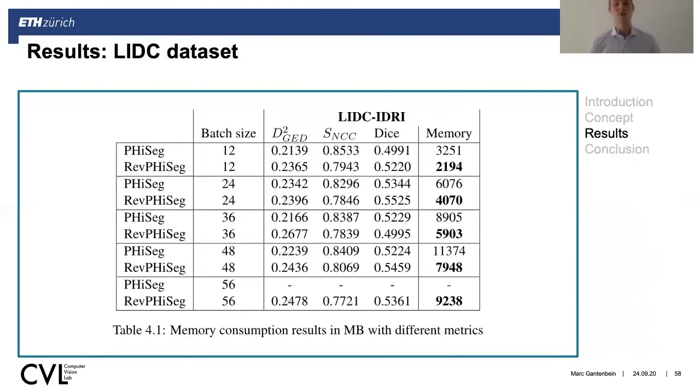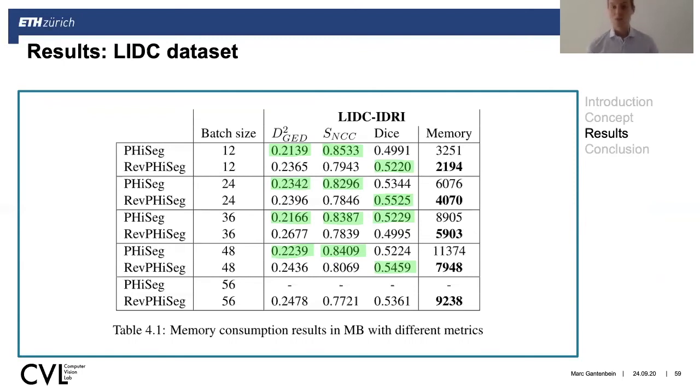The results we obtained are the following. Here we have the results for the LIDC dataset with different batch sizes. As you can see, the original PHiSeg is slightly better in terms of the generalized energy distance and the average normalized cross correlation, so the sample quality is a bit higher. However, for plain segmentation performance, the reversible PHiSeg outperforms the original PHiSeg.